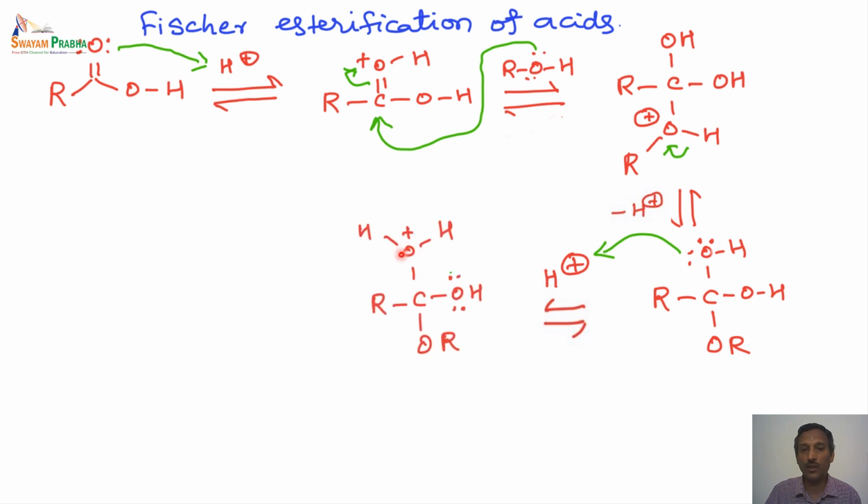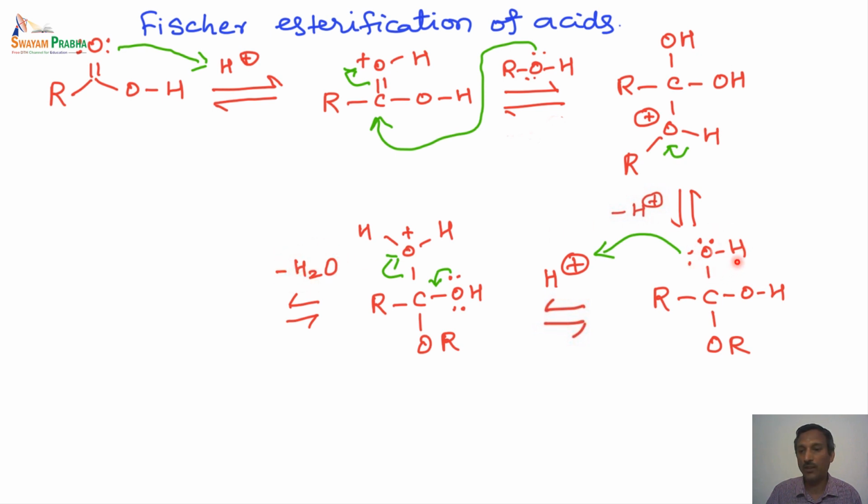In this case the oxygen has a positive charge, so this is an oxonium ion, and we already know this oxonium ion is an unstable species, and it pulls the electrons towards itself. This carbon now becomes electron deficient. To compensate for the loss of electrons on this carbon, a lone pair of electrons from the oxygen is transferred. So that leads to the loss of a water molecule.